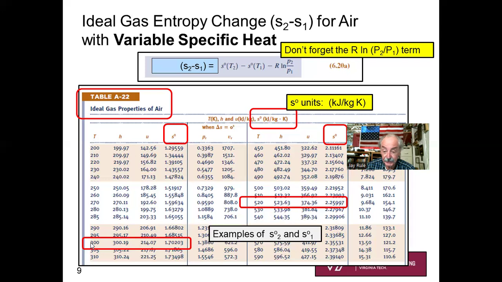We go to T equals 300 and write down 1.70203 kilojoules per kilogram degree K. And if our temperature is 520, come over here and write down S0 as 2.25997 kilojoules per kilogram degree K. Those are our S0 terms, but when calculating S2 minus S1, we must include this minus R log P2 over P1 term. Very important. I've made a typo. Don't forget this trailing term, R natural log P2 over P1. Very important.